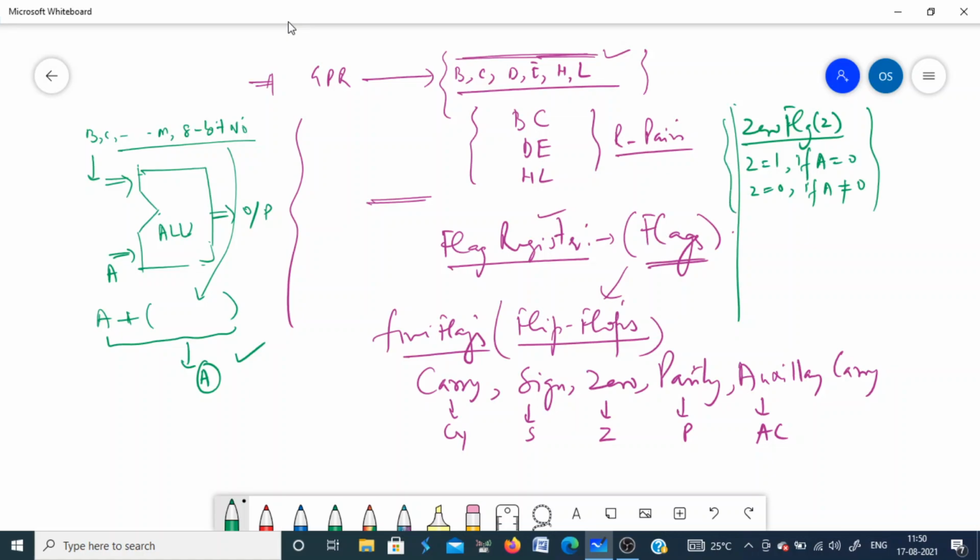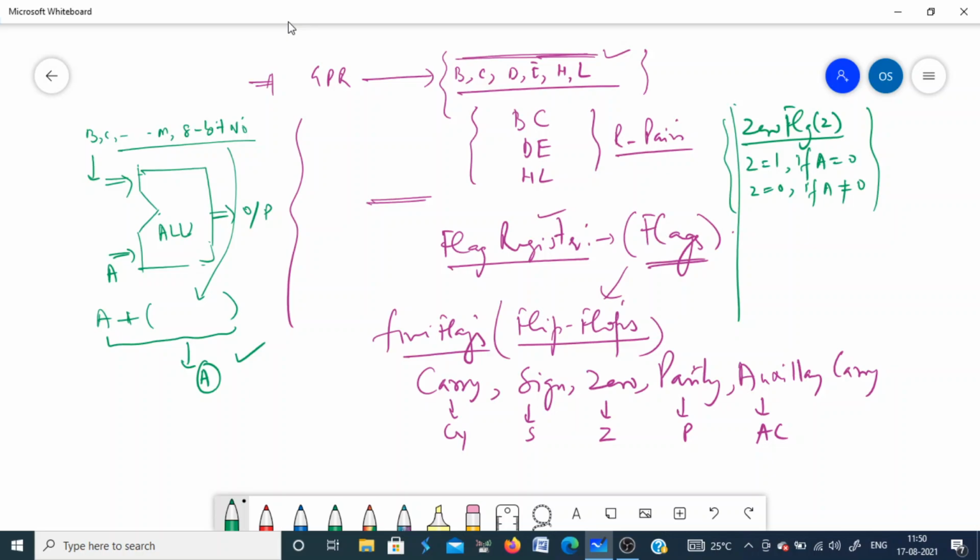This is the status of this flag depending upon the results that you get in the accumulator. So if the number stored in the accumulator after some arithmetic or logic operation is 0, your zero flag will be set. If it is not 0, it is reset.